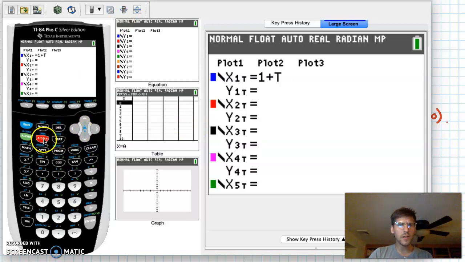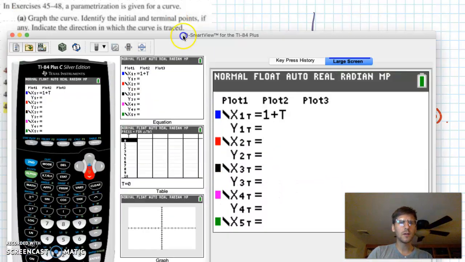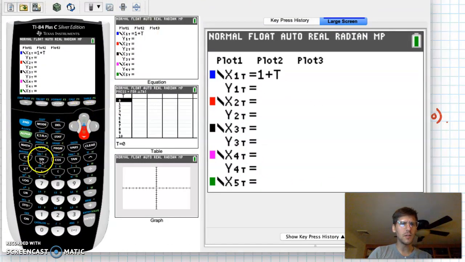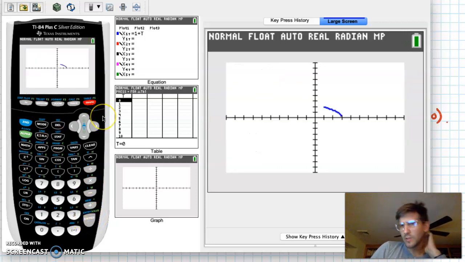And you notice now if I hit the x,t,theta button there, instead of putting an x, it automatically puts a t because I'm in the parametric mode. And then I could do my square root of 4 minus 2t. Sorry if I'm making this video more boring by going through this. And then if I go to hit graph, you can see it graphs just like that.